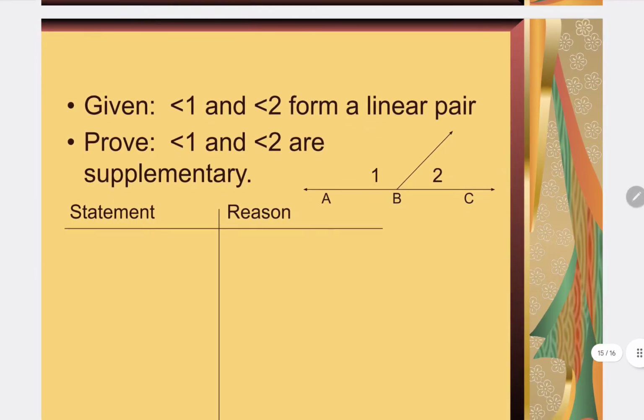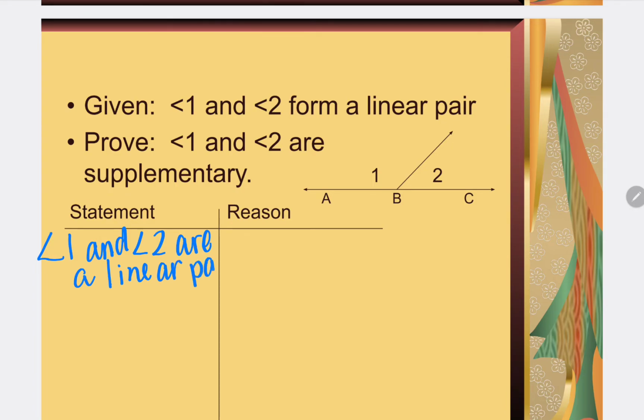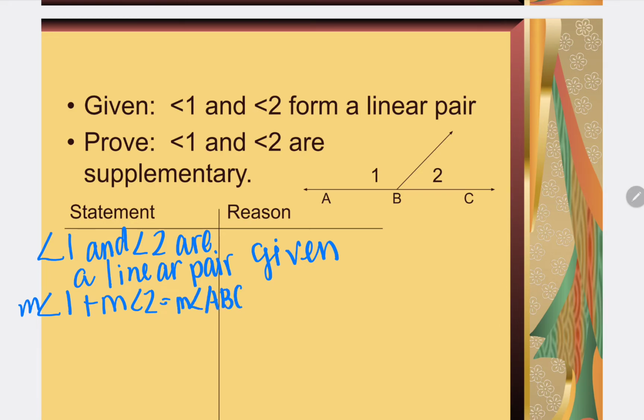So angle 1 and angle 2 are a linear pair. That's given. We know that angle 1's measure plus angle 2's measure adds up to the measure of angle ABC. And that is angle addition.